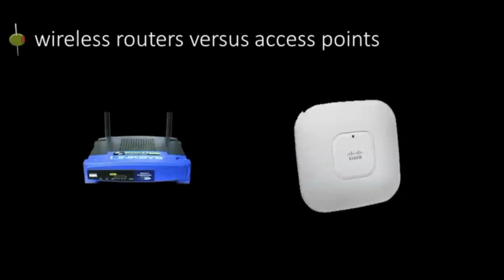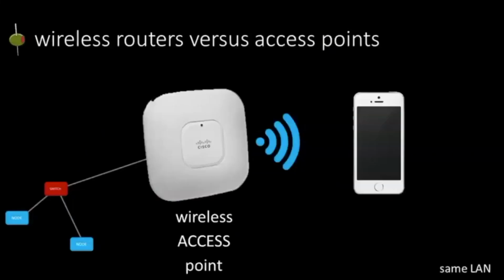First of all, there are wireless routers and there are access points, right? What are the differences? Wireless routers are generally consumer-grade devices, and as their name implies, they have a router. We'll look at that in a second. A wireless access point is a device that takes the copper and translates it to Wi-Fi, right?